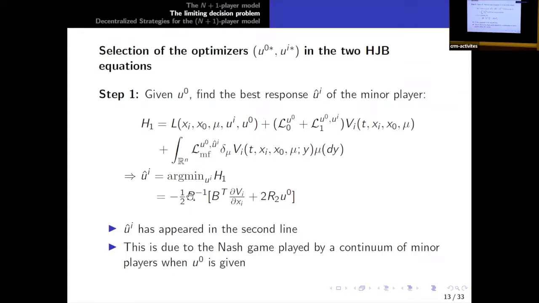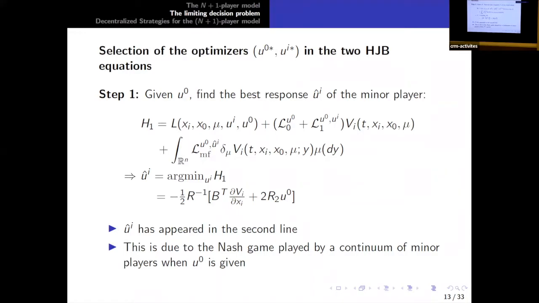The good thing is that in the calculation, we only need to use the first two lines to get the minimizer. So when we have determined this U hat I here, this one is precisely the one we have already used.